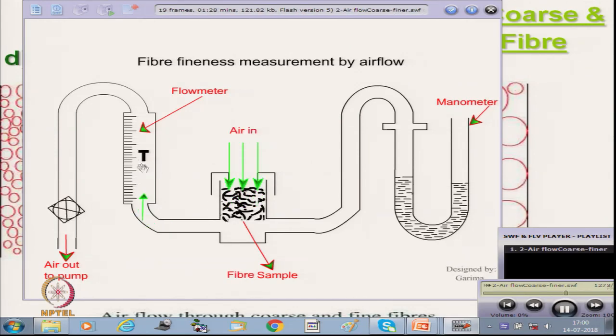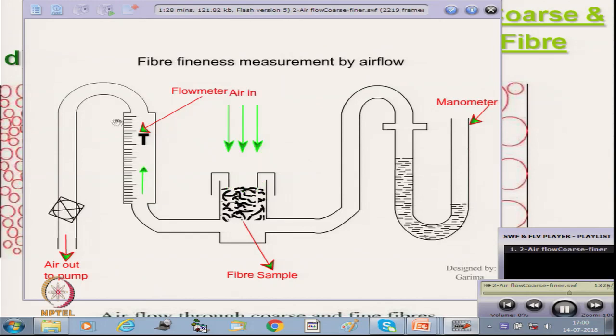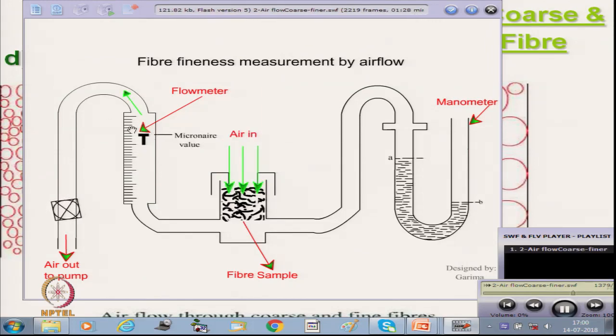And the float is showing the micronaire value here. Now, this coarse fiber is being replaced with the fine fiber. This is one particular fiber here. So, we are getting this float value.